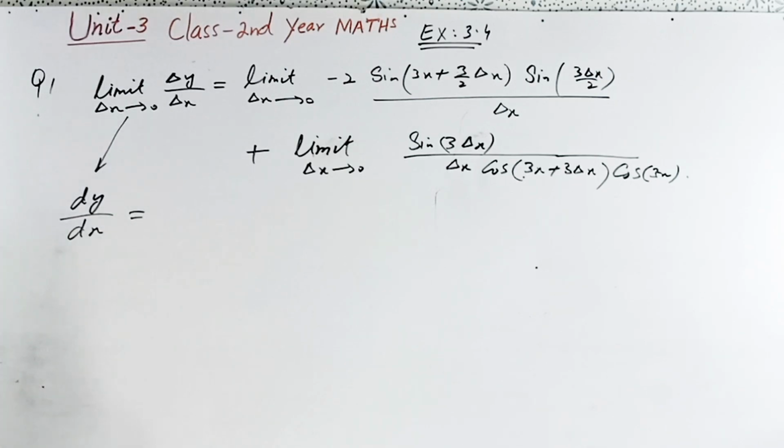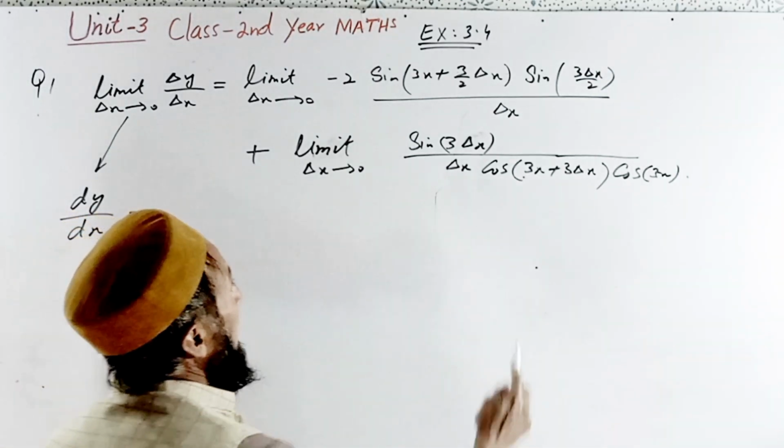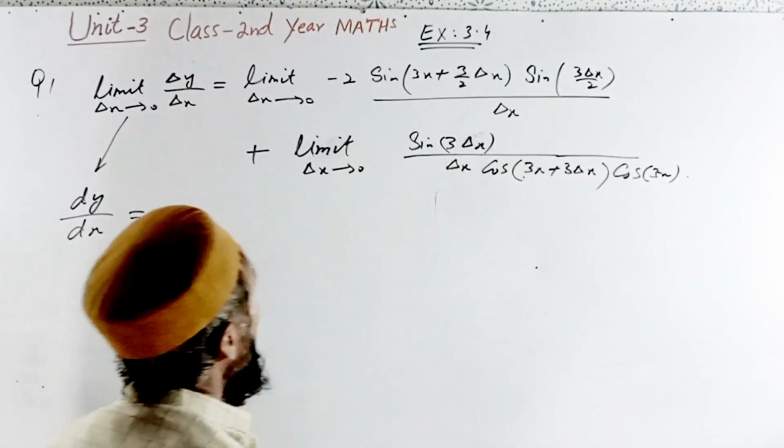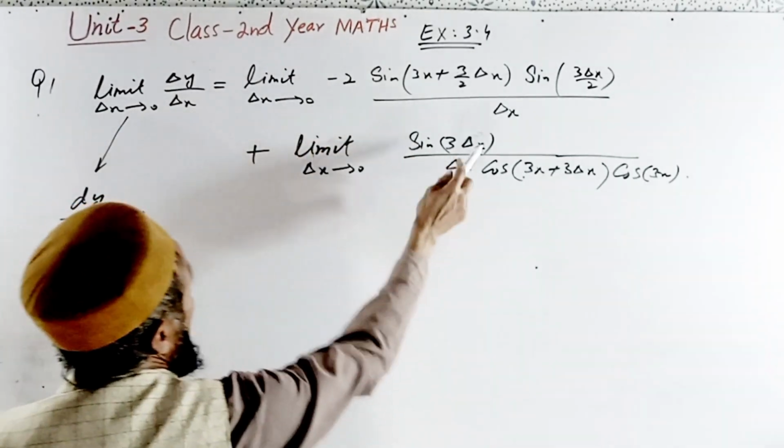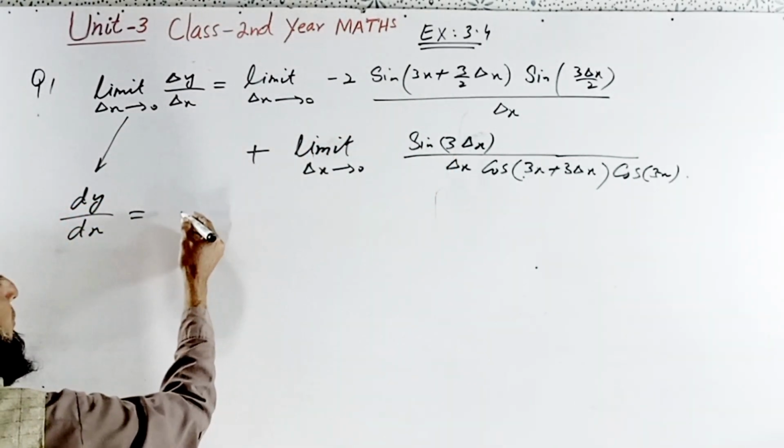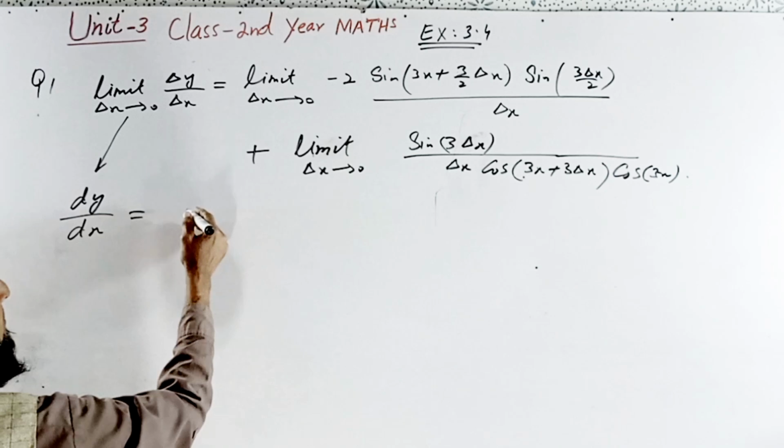And for the limit, according to the formula, 3 by 2 is required here, so we write this 2 here with delta x, and also 3 will be multiplied and divided.